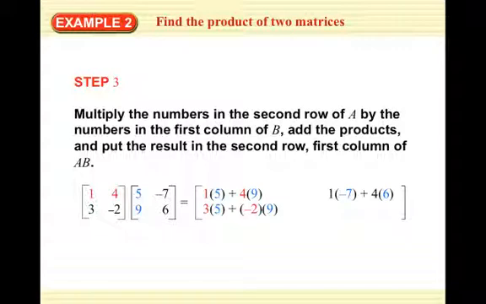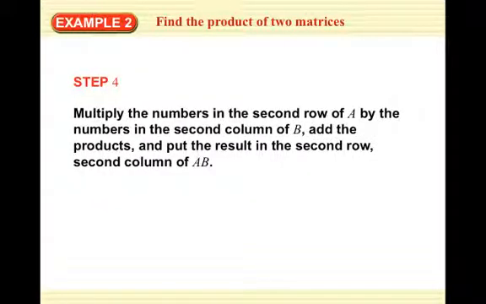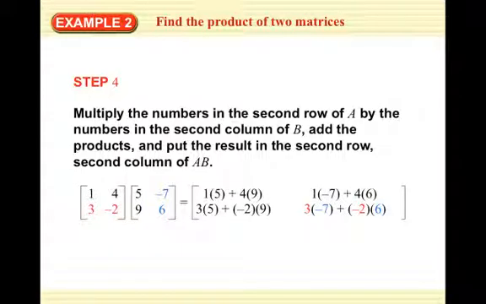Yep, we're going to do the second row of A and multiply by the numbers in the second column of B, and we're going to put the results in the second row, second column of AB. So we do 3, negative 2, and then we're multiplying that row by negative 7, 6. So we have 3 times negative 7 plus negative 2 times 6.